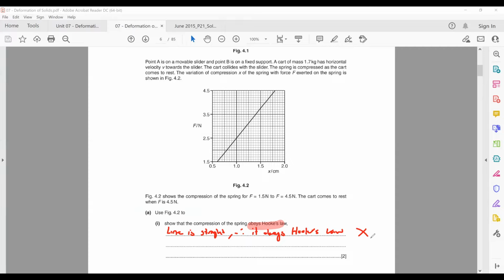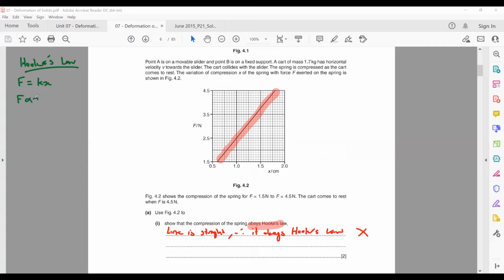If you say that because the line is straight, it obeys Hooke's law, and you put this as your answer, this will be considered wrong. Because recall something I mentioned to you earlier, Hooke's law is F equals Kx.